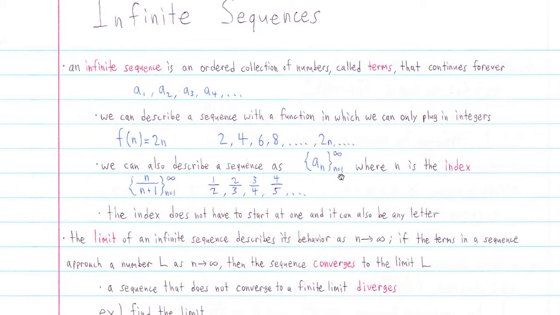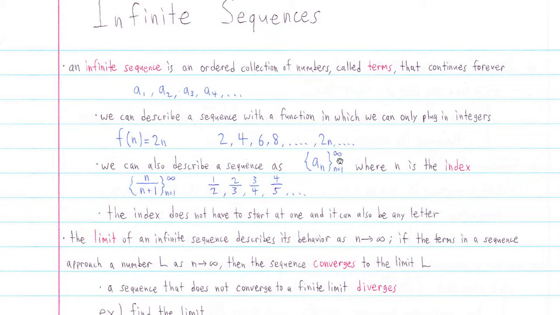The n is called the index, and it can be any letter. It says that for the first term of the sequence, we plug in n equals 1. The index does not have to start at 1. We can have a sequence where for the first term you plug n equals 0 in, but it's usually either 0 or 1.